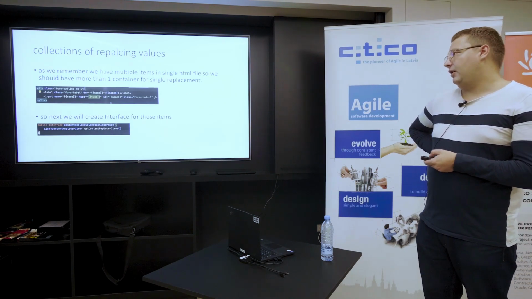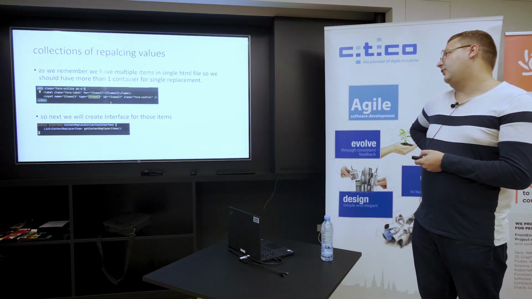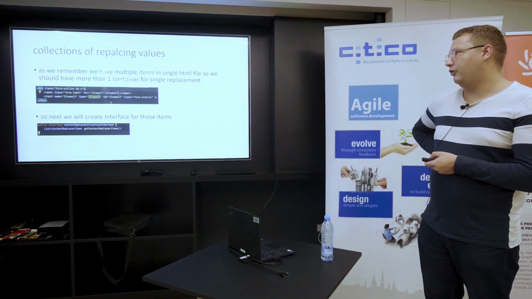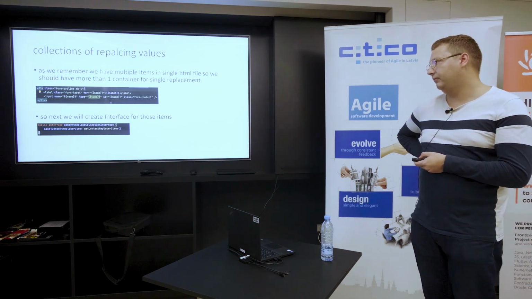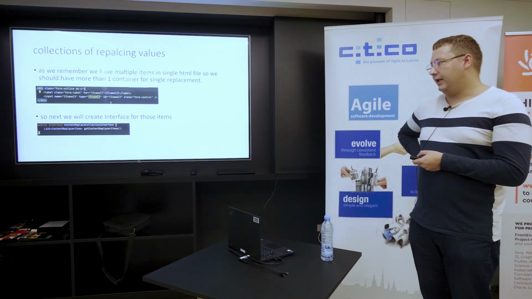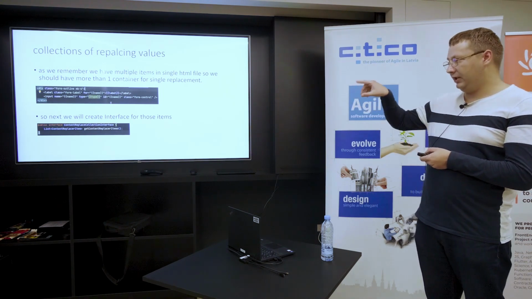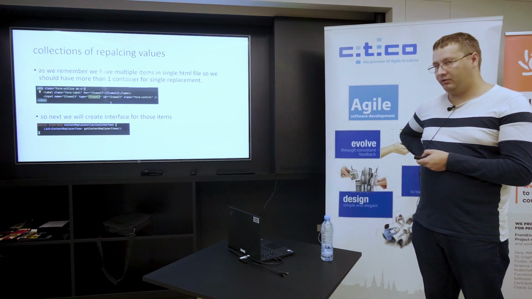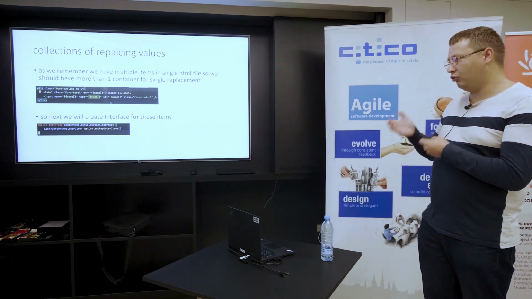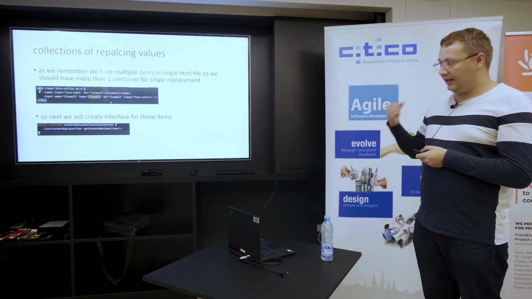As we remember, we have multiple items in a single form file, so we should have more than one container for one single replacement. We created one item. Here we need 3 items, and for that we will need a collection. To produce a collection, we should create an interface.